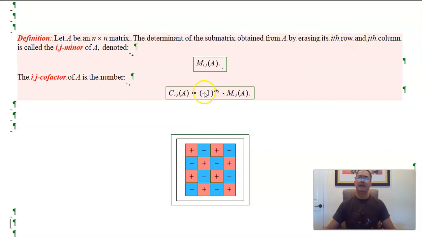So you add them and you have -1 to that power.